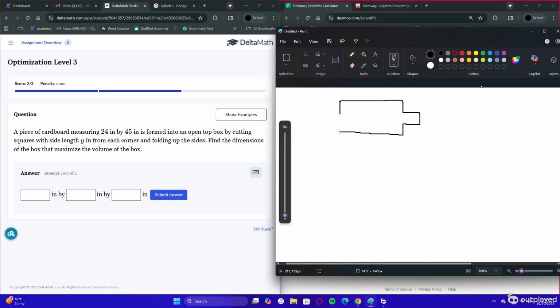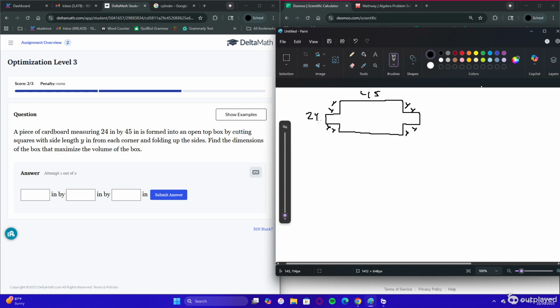This is how you make a box, and what it's saying is that each length here is y, all the way around, and then the length here is 45 inches, and the length here is 24.